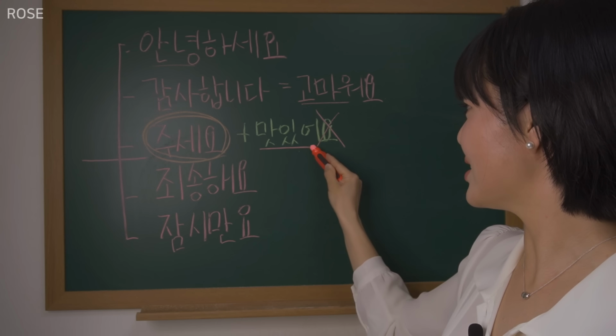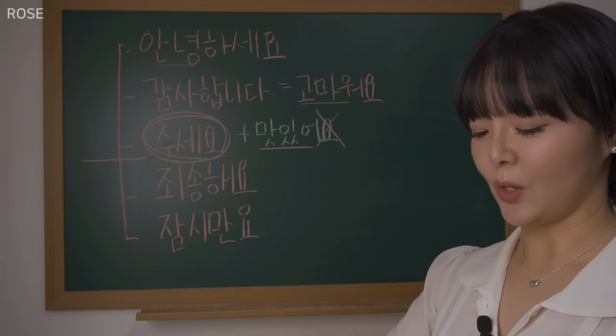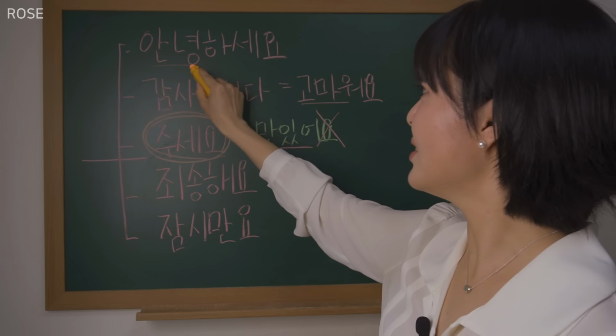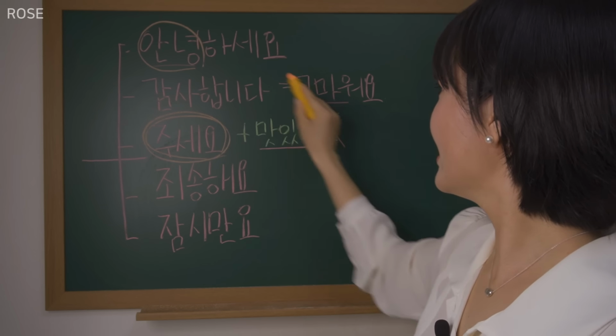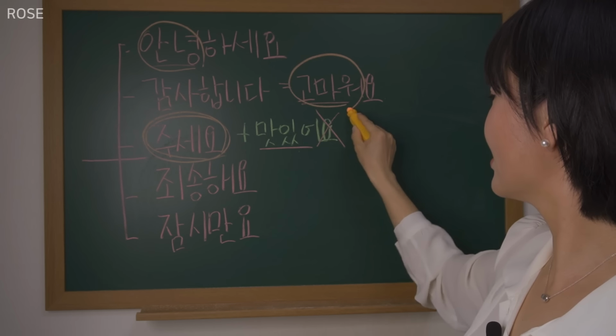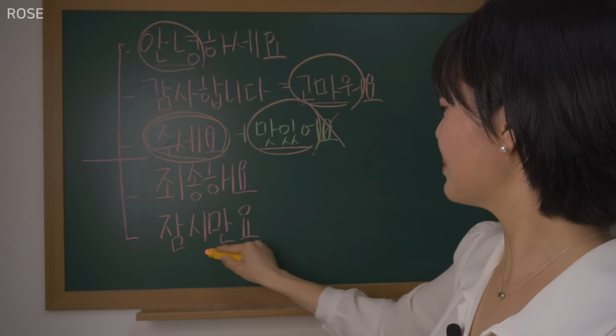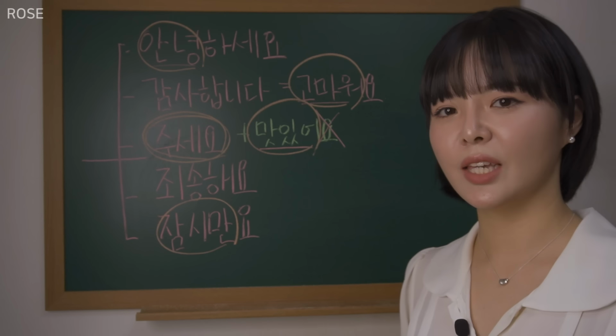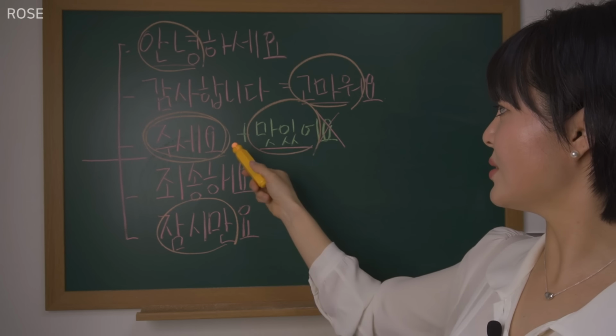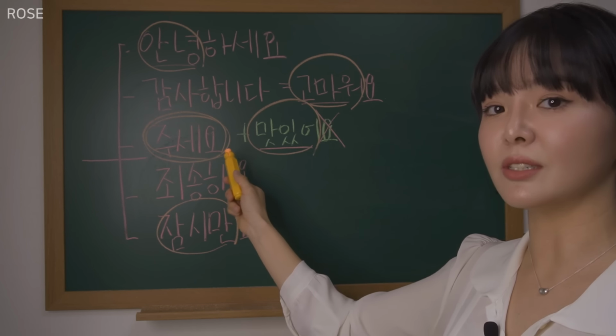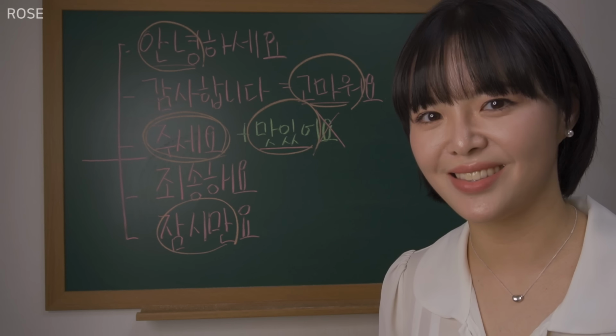You can say 맛있어. So again, 안녕, 고마워, 맛있어, 잠시만. You can use these orange circled words with your friends.